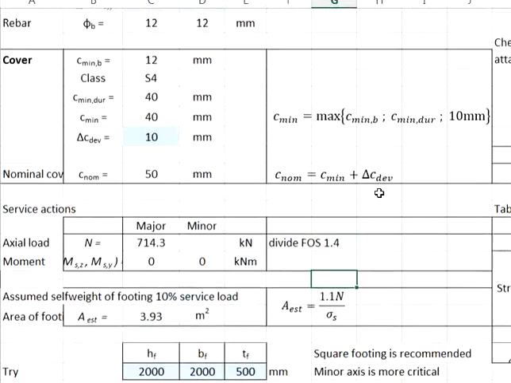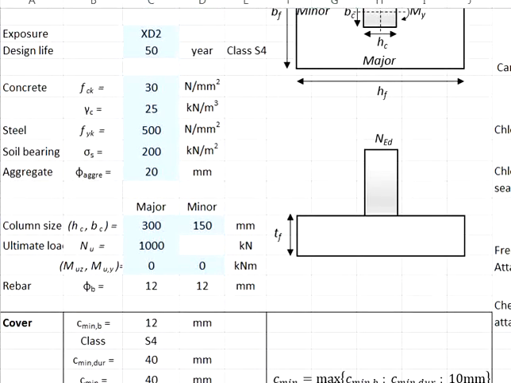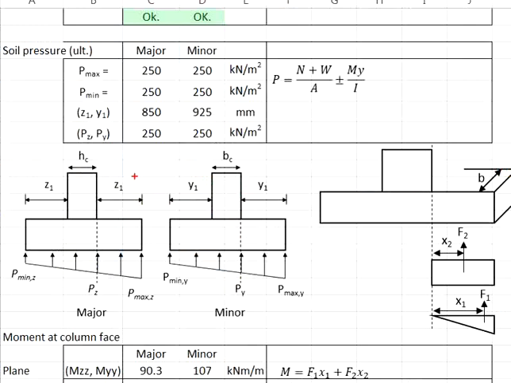Since the size of the column is not square, it is in fact 300 times 150. 300 will be the major axis and 150 will be the minor axis. That will give you different values of Z1 and Y1. With the wider column width, the Z1 here will be slightly smaller.